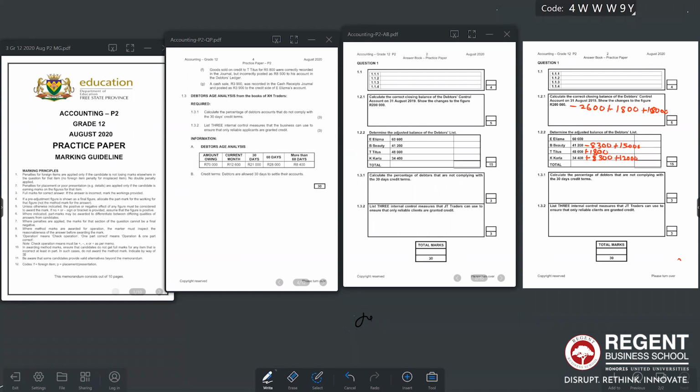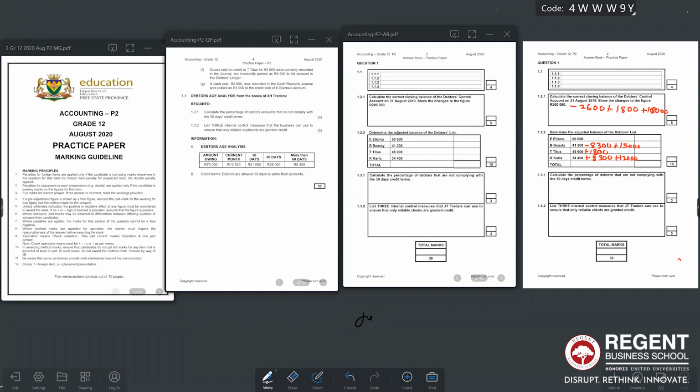You're supposed to increase his account by 5,800, but you went and recorded 8,500. You overstated the amount that is in Titus's account. You charged him 2,700 rand extra.